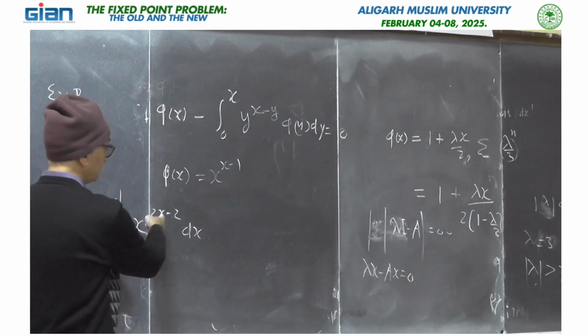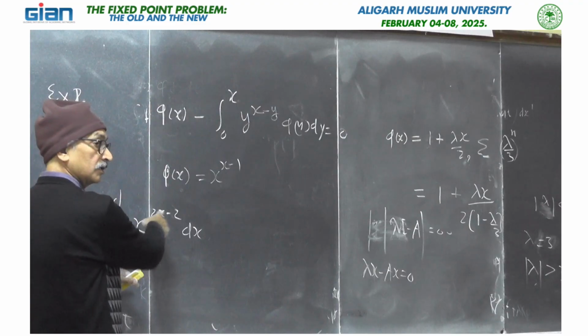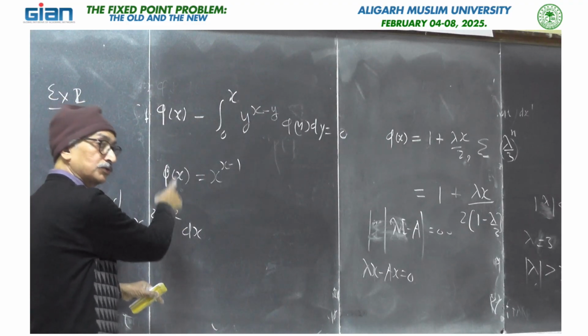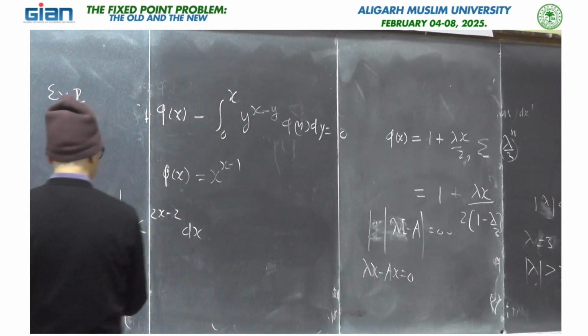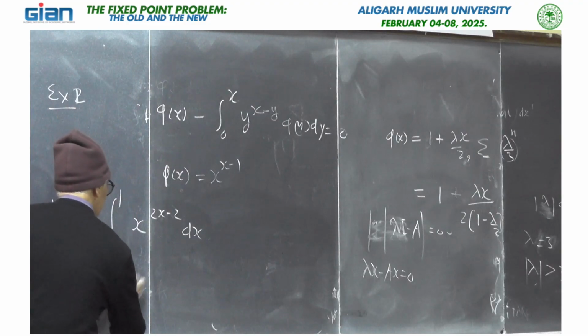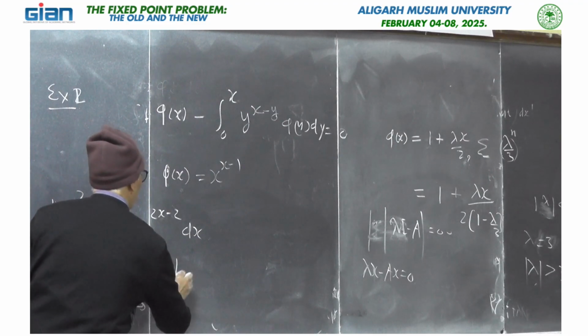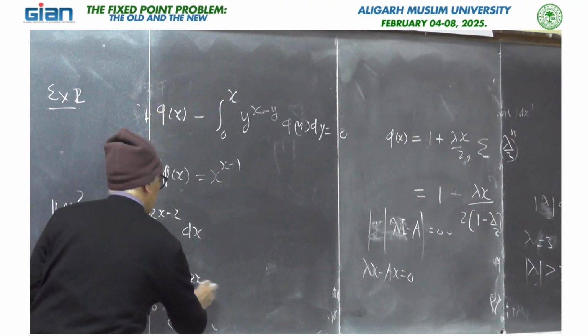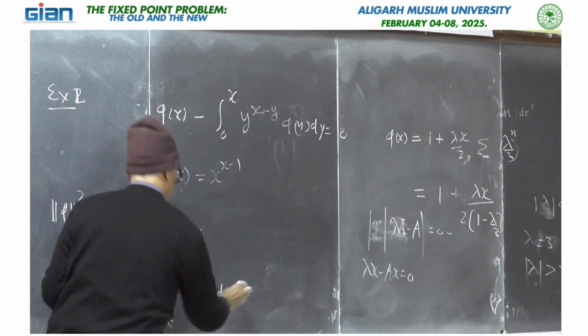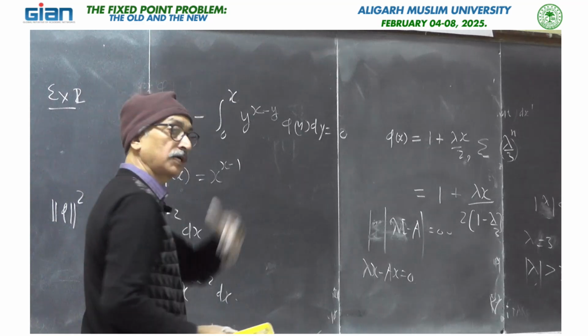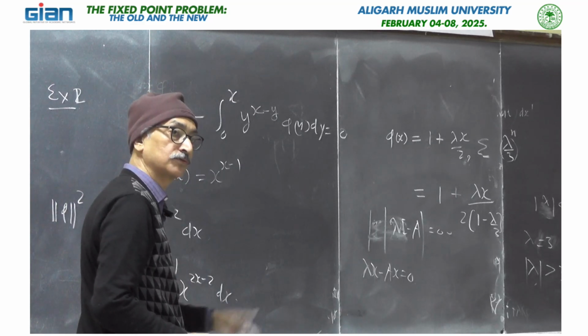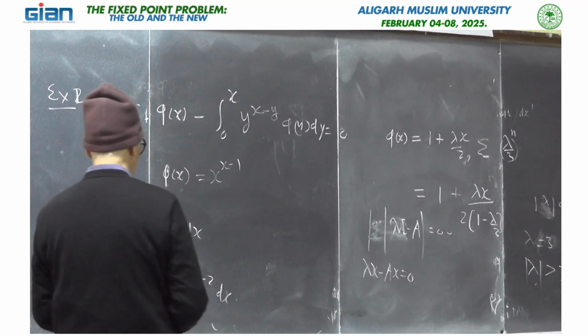The exponent is negative because x is less than 1, so 2x will be less than 2, and it's in the denominator, so it's actually an improper integral. So this is the limit as epsilon tends to 0 of the integral from epsilon to 1 of x to the power 2x minus 2 dx. I will show that this becomes infinity, and therefore this is not an L2 function.